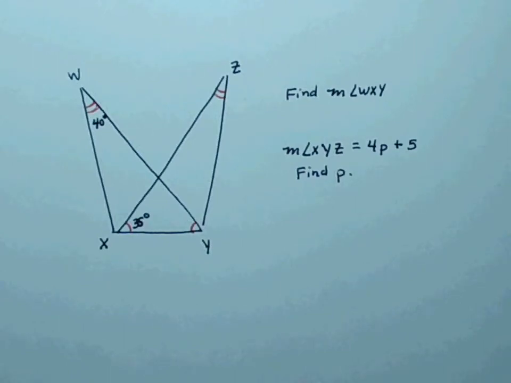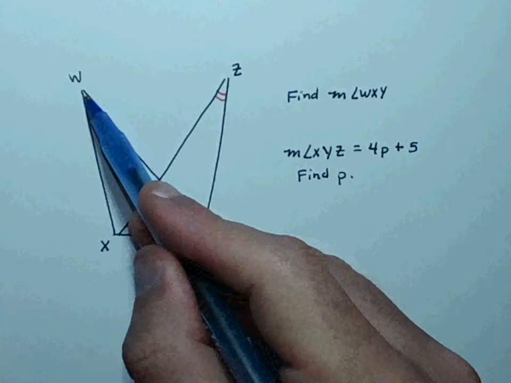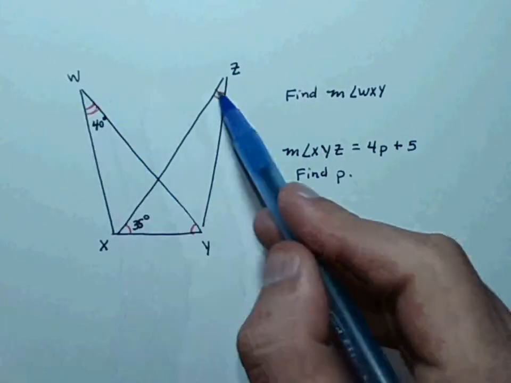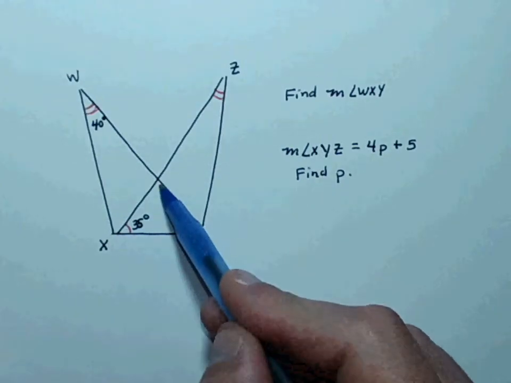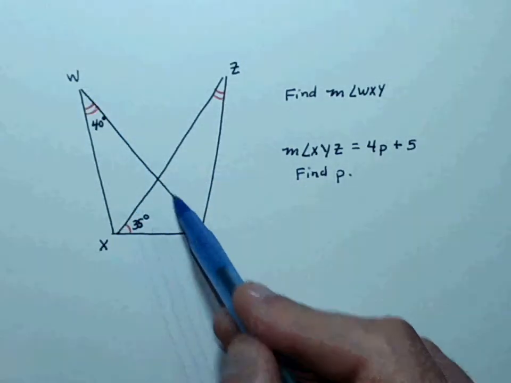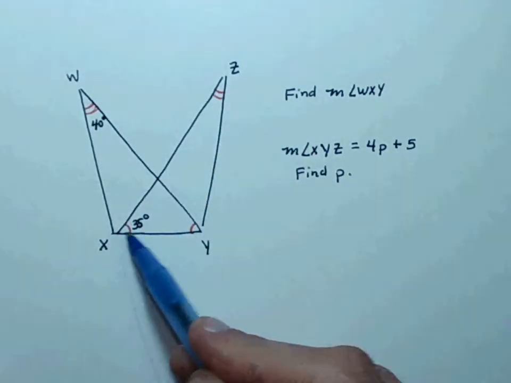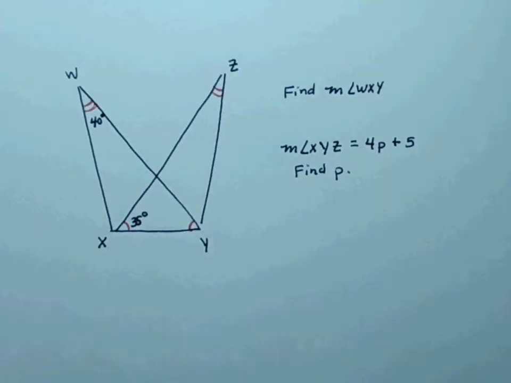I hope you said 5. Some of you probably said 3 or 2 or something, but there should be 5. All right, we've got this triangle 1, this triangle 2, this triangle 3, that triangle 4, that triangle 5. Okay, 5 triangles.